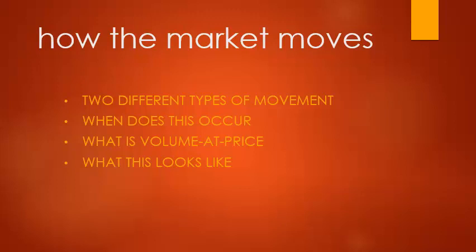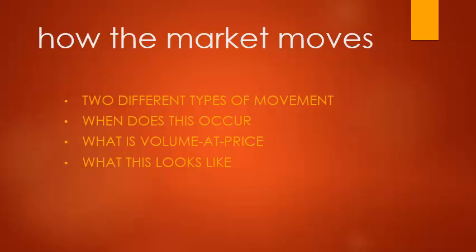It's oscillating back and forth. And when does this occur? These 2 types of market movements occur at all degrees of time. So when we look at a daily chart, you're going to see directional moves and you're going to see rotational moves. If you zoom that chart in, you are going to see directional moves and rotational moves inside of that chart that you just looked at.